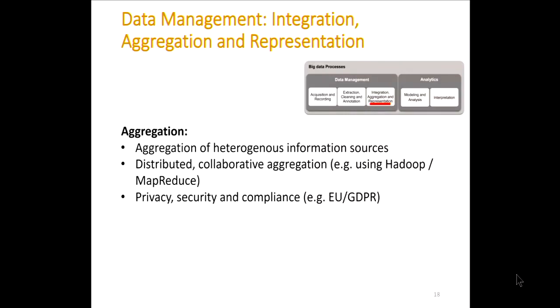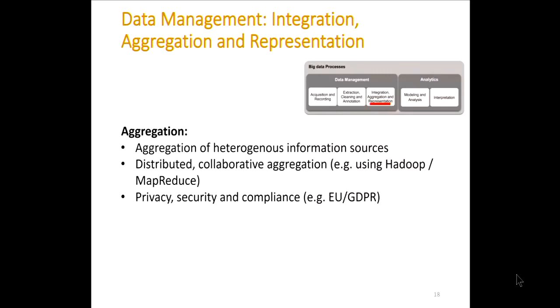So with aggregation, it's on the level of when you know that there is a link between the different data instances and then you're just aggregating data from the sources.